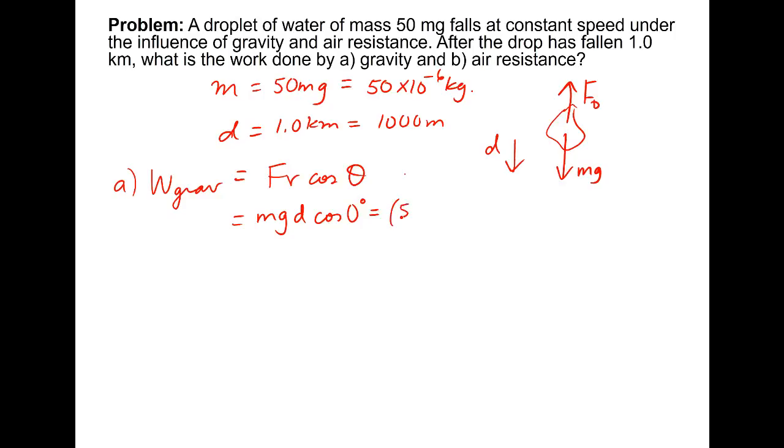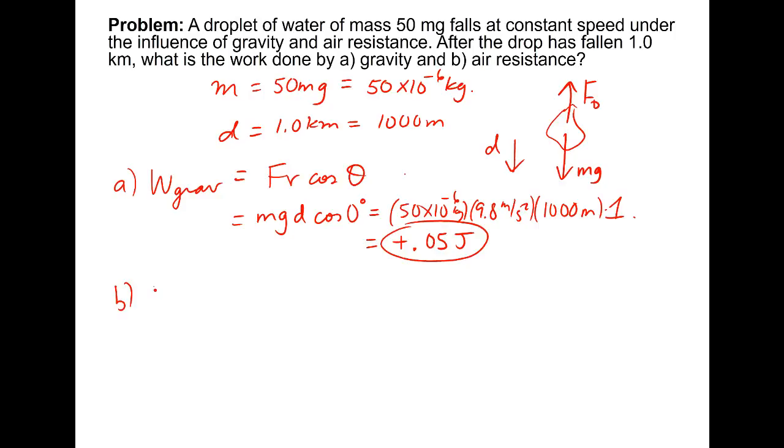You plug in mass, 50 times 10 to the minus 6 kilograms. Gravity is 9.8 meters per second squared. d in this case is 1,000 meters. And the cosine of 0 is 1. You work all of this out and you get just about positive 0.05 joules.